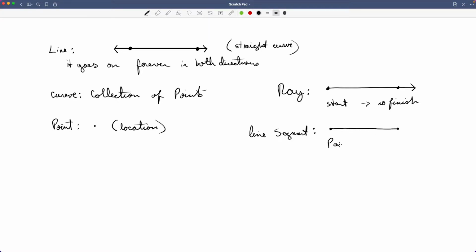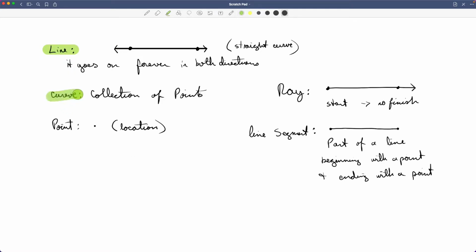So it is part of a line with a beginning and an end, beginning with a point and ending with a point. All right, these are the definitions that you need to have in your notebook: line, curve, point, ray, line segments.